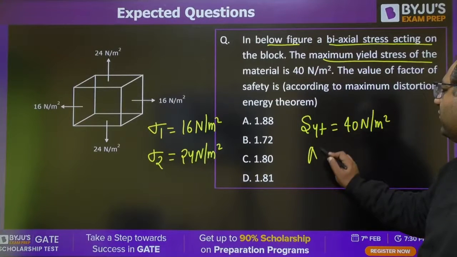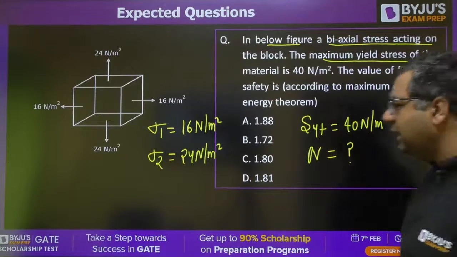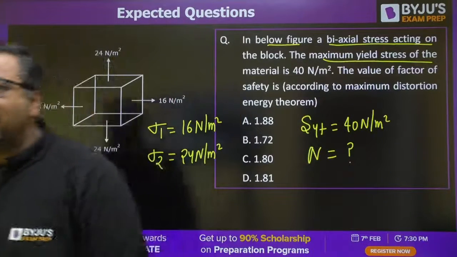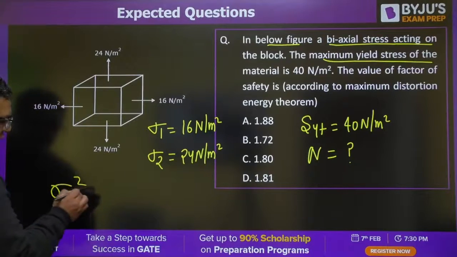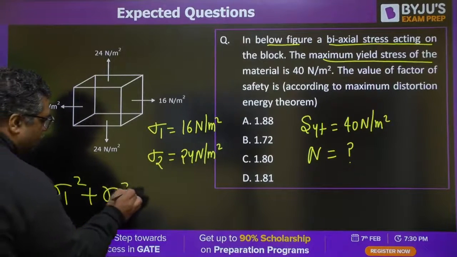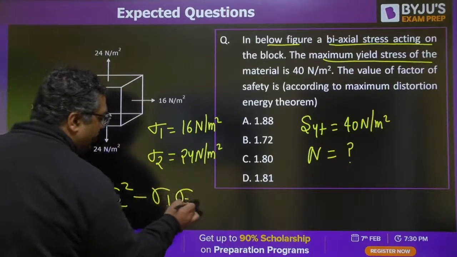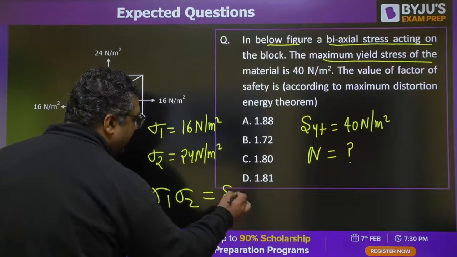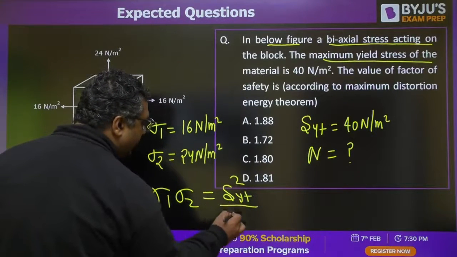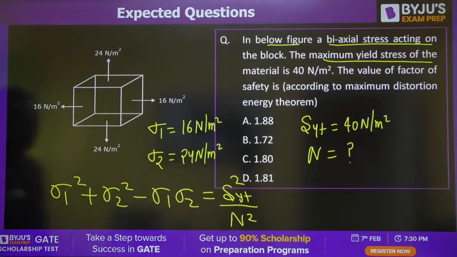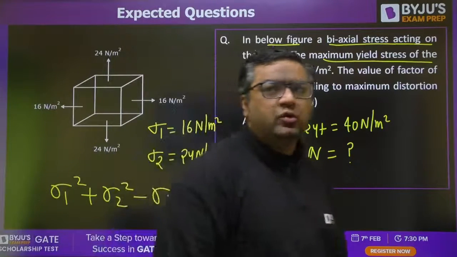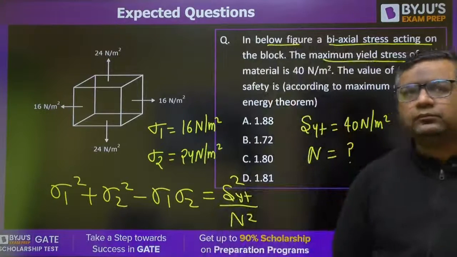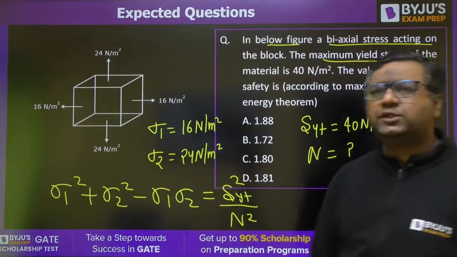You need to find the factor of safety using MDET. How will you solve it? Sigma 1 square plus sigma 2 square minus sigma 1 sigma 2 is SYT square upon N square. You need to find the value of the factor of safety now. Just try to solve it.